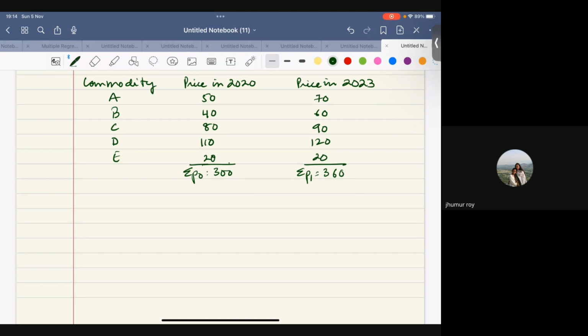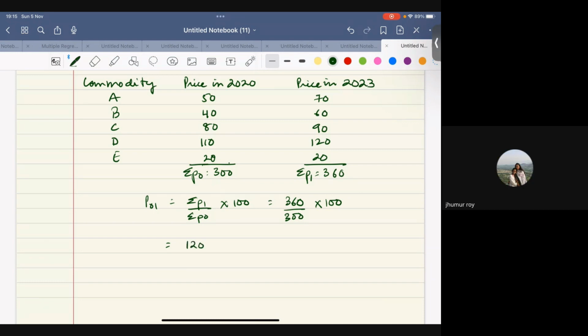Okay, so here now we come to P01. This will be equal to sigma P1 upon sigma P0 multiplied by 100. So this is equal to 360 divided by 300 multiplied by 100. So what do we get as the value? What is the value? 120.